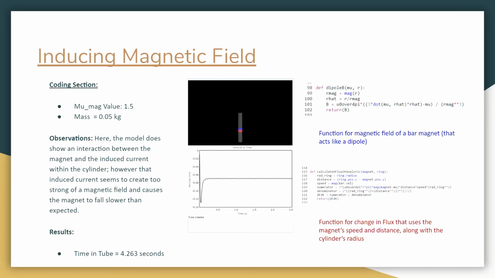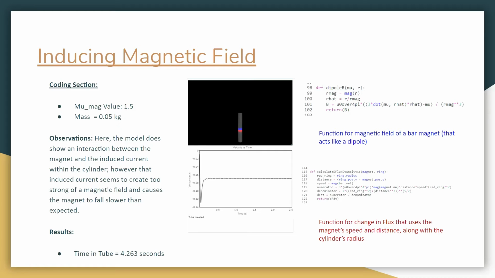Here I had to make up a mu value because, like I mentioned before, I got some wrong results for Lab 3, and I didn't want to deal with that mess in this lab again. So I just tried to make a guess for that. The real meat and potatoes of the coding is the function for the magnetic field from the barred magnet, as well as the function for the change of flux that we're going to be using for the conductor.